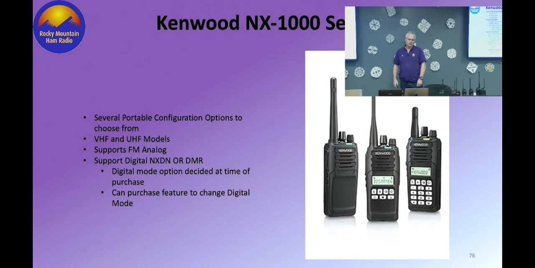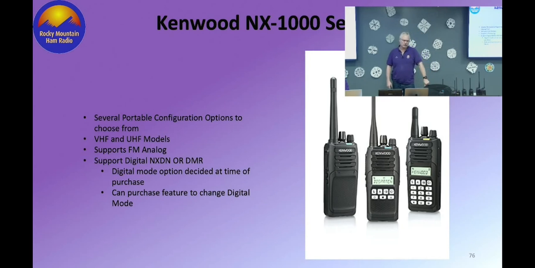And the NX 1000, there's a lot of different models. I'm going to refer to these just as the 1000 or the 3000 and not go into the individual models. But basically with the Kenwood 1000, and there's a couple samples up here that we can look at of all the different series, there's different face plates that you can get.